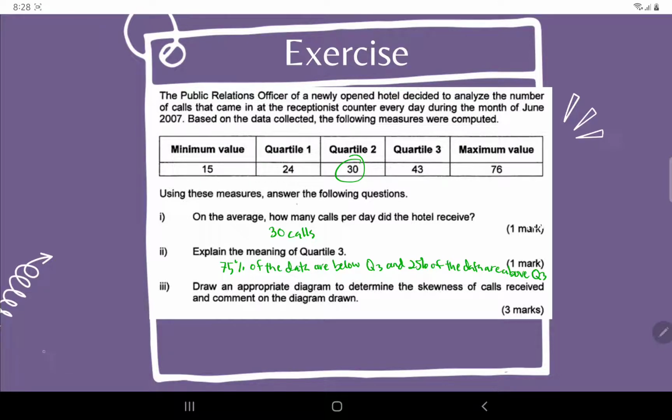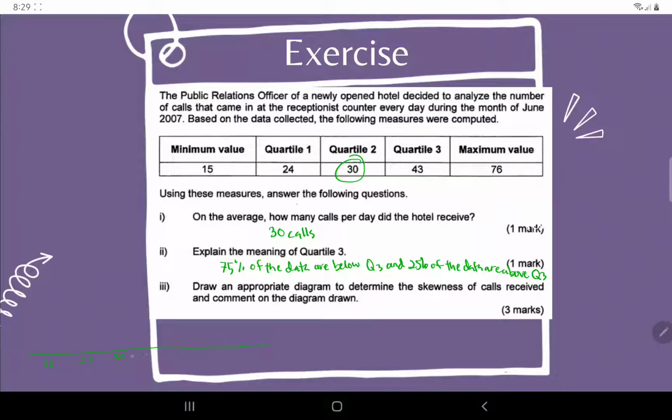So this is our number line. 15, kat sini lebih kurang 15, 24, 30. 30 dia dekat dengan 24 dan dia jauh sikit dengan 43.